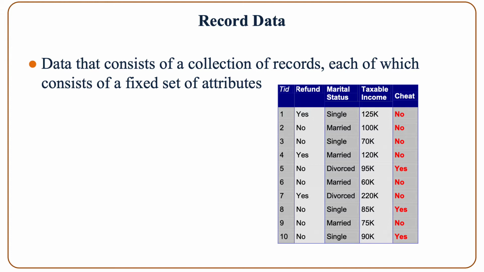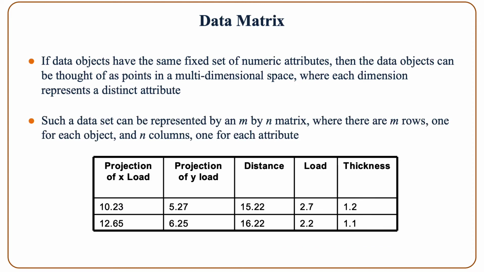Record data is usually stored either in flat files or in relational databases. If the data objects have the same fixed set of numeric attributes, then the data objects can be thought of as points in a multidimensional space, and each dimension represents an attribute.